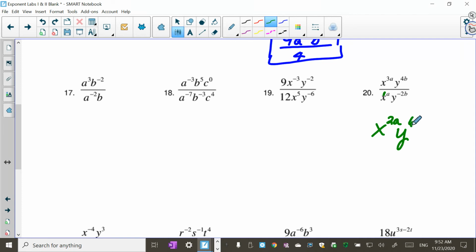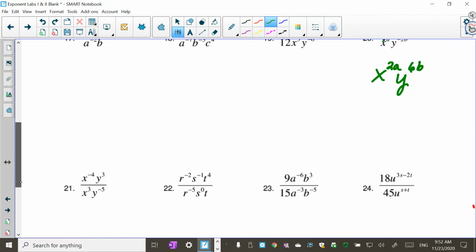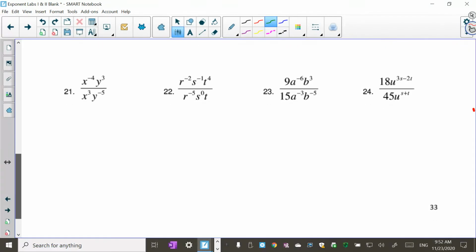So that's Y to the 6B. And they're both positive. So we're good. We don't have to do anything with that. Good question. That one didn't have a lot of work with it. Sometimes they have that. How about this row with a 21 through it?